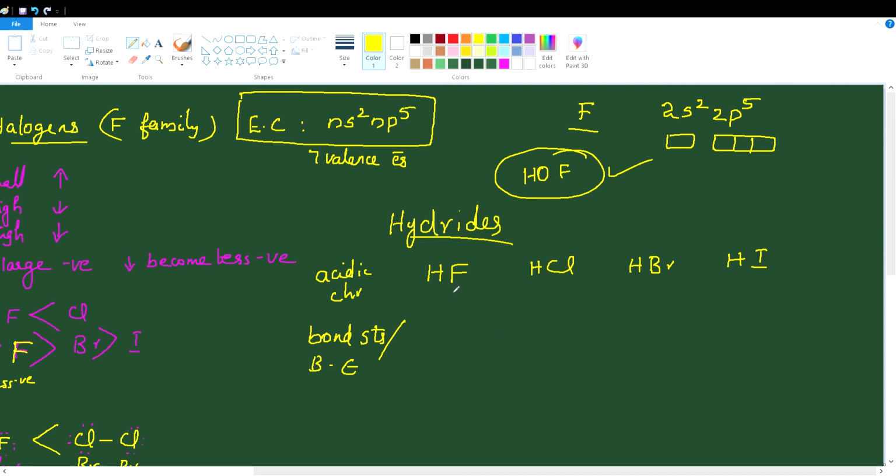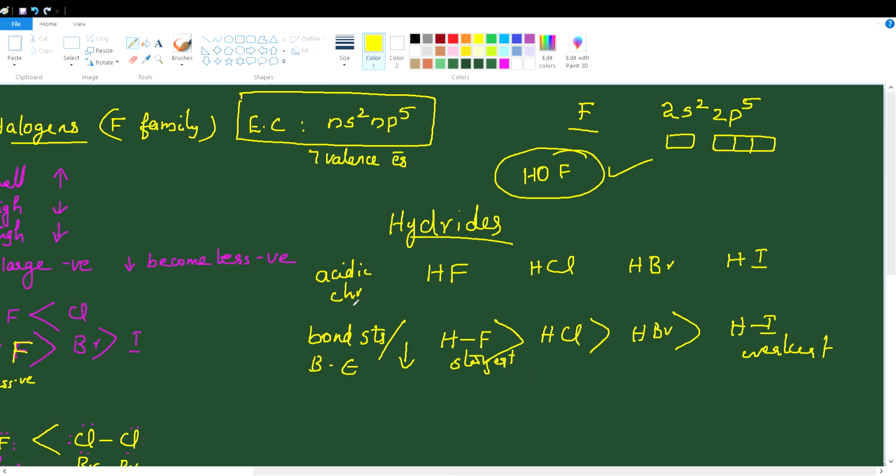down the group size increases, electronegativity decreases. So the bond strength down the group decreases actually. Means strongest bond is between HF. HF bond is strongest, stronger than HCl, than HBr, than HI. The HI bond is the weakest. HF bond is the strongest.